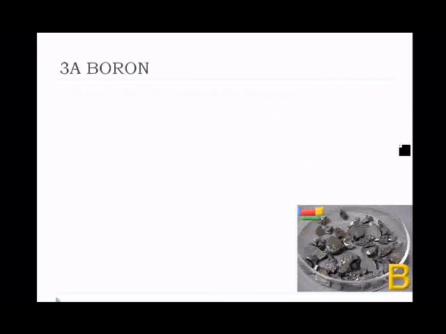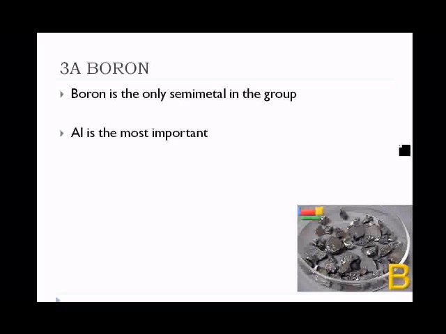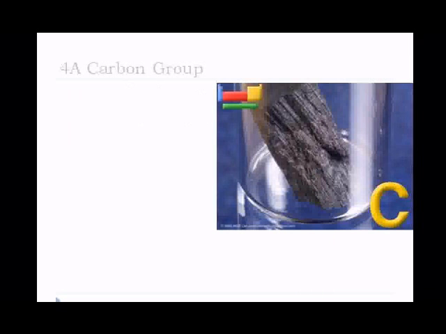The boron family, boron is actually the only semi-metal in the group. The rest of them are metals, like aluminum. Our carbon family has 2 semi-metals, Si and Ge, and it also has 2 important metals, tin and lead.